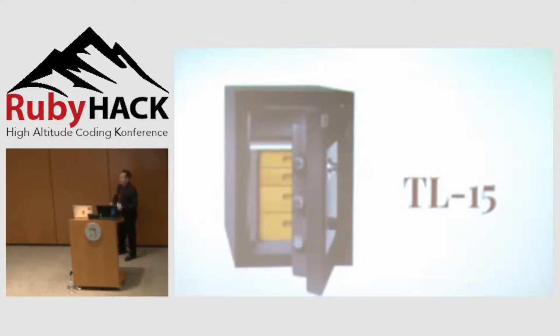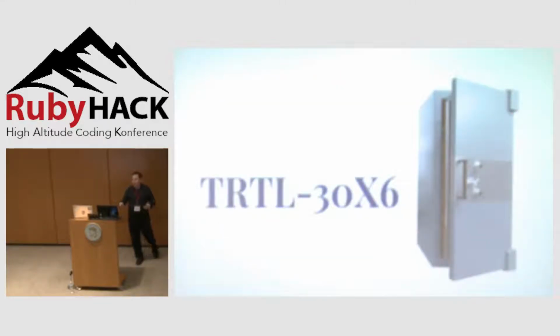A safe with a TL15 rating can withstand 15 minutes of attack by a qualified safecracker with good tools on a single wall of the safe. And a safe with a TRTL30X6 rating can withstand 30 minutes of attack by a qualified safecracker with highly sophisticated tools as well as torches simultaneously on all 6 walls of the safe.